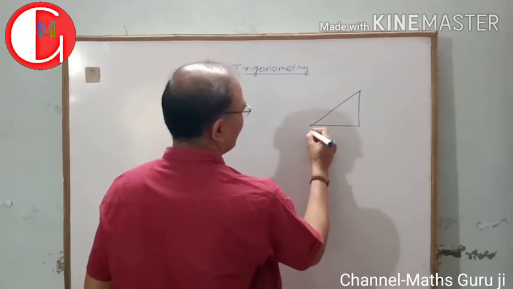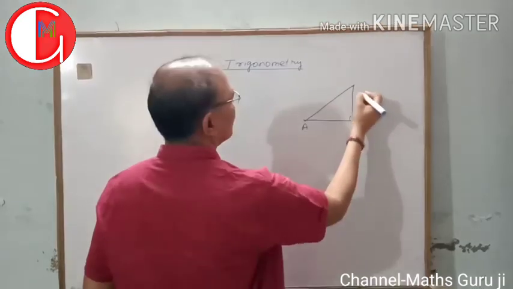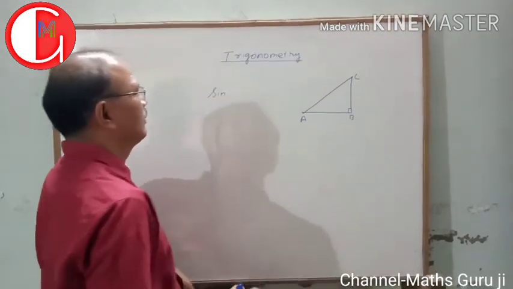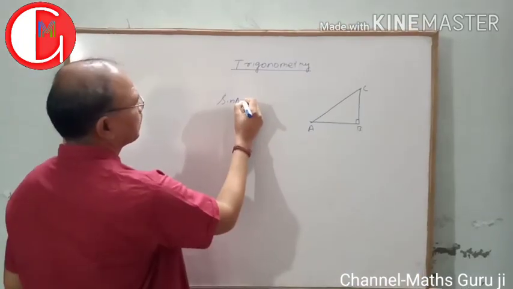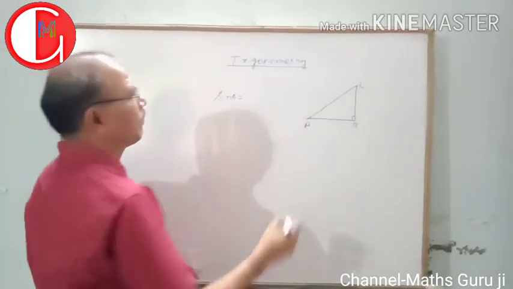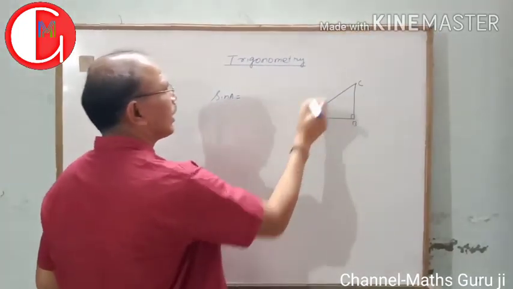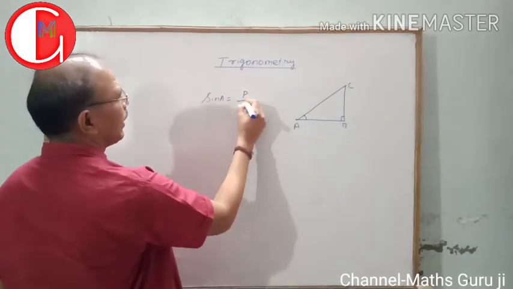We are going to measure this angle A. Angle B is equal to 90 degree. So, sine A is the ratio of perpendicular to the hypotenuse.